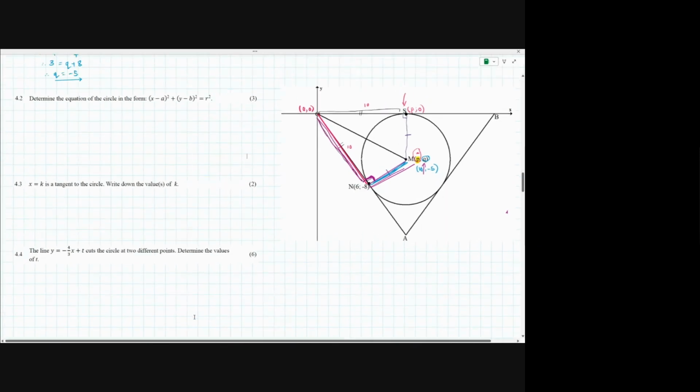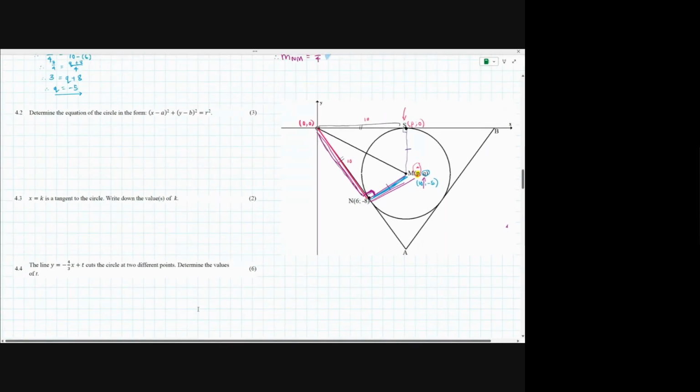So the first question says, determine the equation of the circle in the form (x minus a) squared plus (y minus b) squared equals r squared. This is great. I have all of this information. I know where my center is, so that's wonderful. Technically, I know what my radius is because remember, we spoke about the fact that this line from S to M is a vertical line.